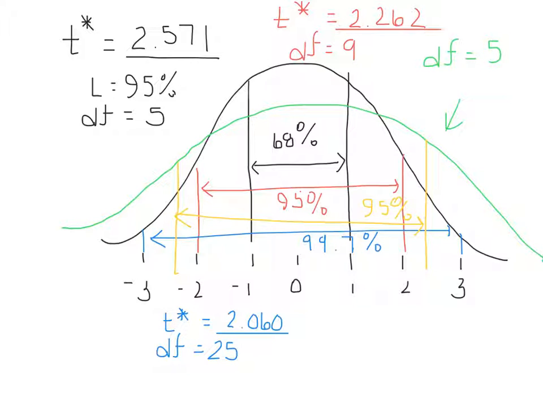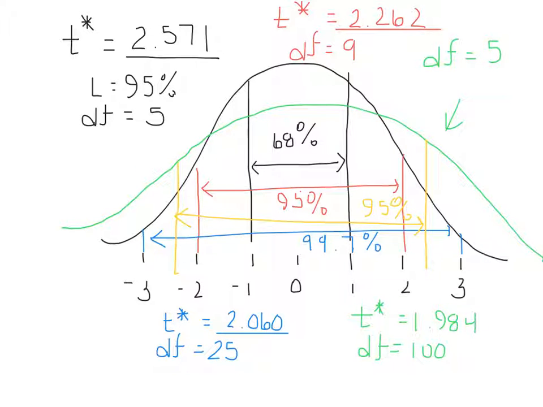Well, let's go one step further, and let's say that I'm in a t-distribution where my degrees of freedom are equal to 100. So I took a sample, say, of 101 and calculated the average. Well, now you see that my t star, or critical value, for 100 degrees of freedom and 95% confidence is 1.984.